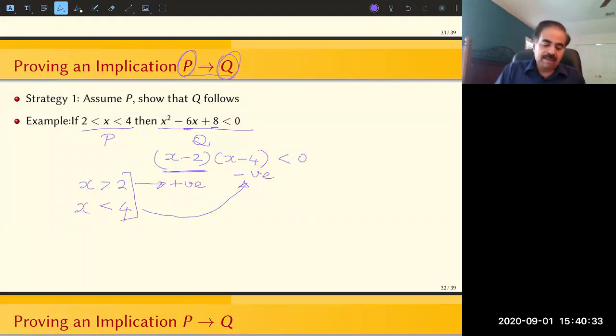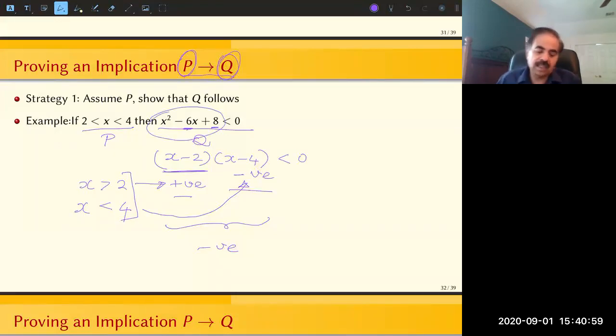Now we have a product of two numbers. One is positive, one is negative. Therefore, this whole product should be negative. So we started by assuming that P is true, and once we assume that P is true, we are able to prove that Q is true. That is, this expression is actually negative. That's how we prove an implication.